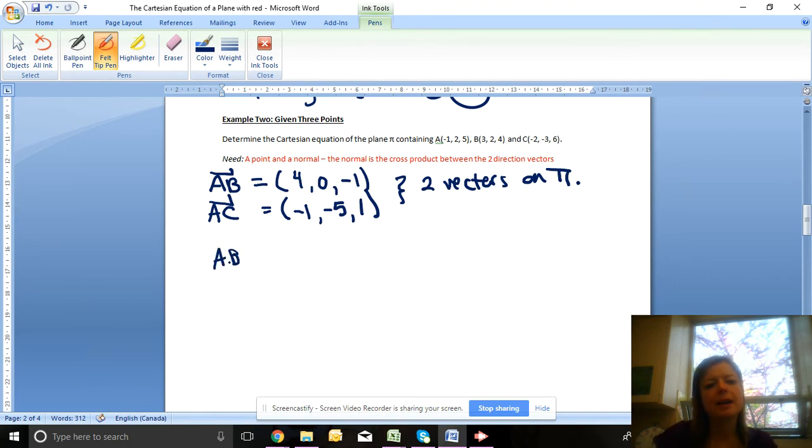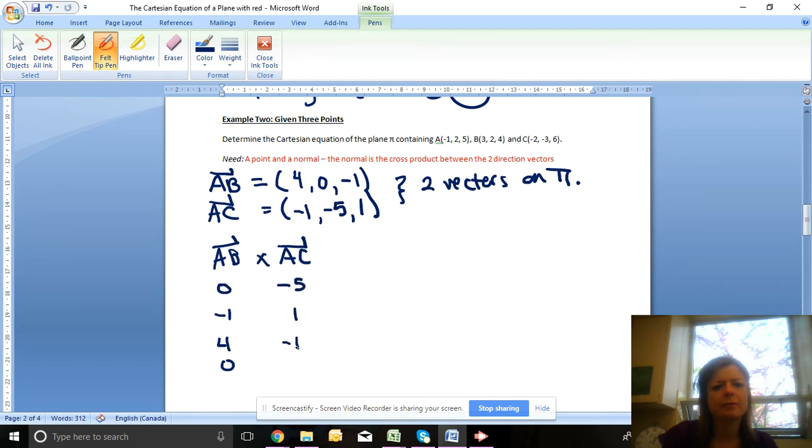So we take AB and we cross it with AC. If you remember how to do that, you start with the second component of AB: 0, -1, 4, 0, and then you set up AC: -5, 1, -1, -5, and then you do the whole crossing and subtracting thing.